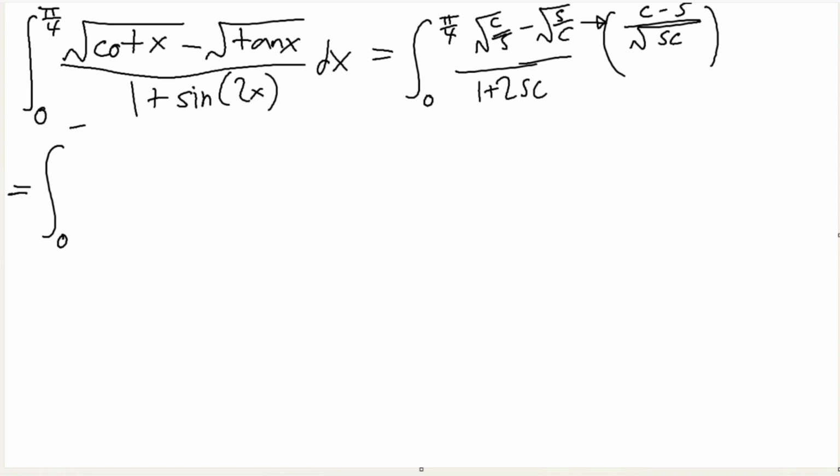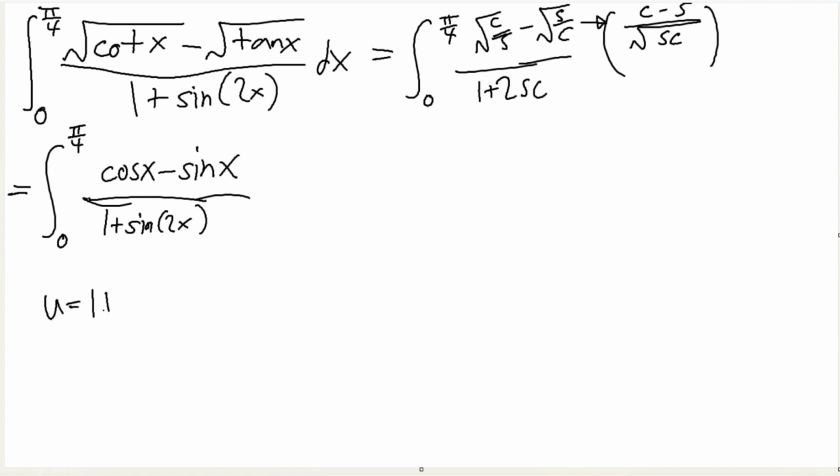So we have 1 plus sine 2x. We have cosine of x on top. Because of this, I know for sure that we're going to be using 1 plus sine 2x. I'm sorry, that's incorrect. Sine of x plus cosine of x.